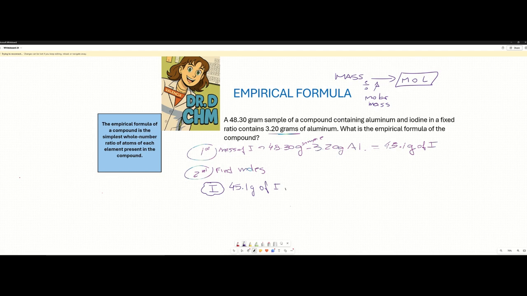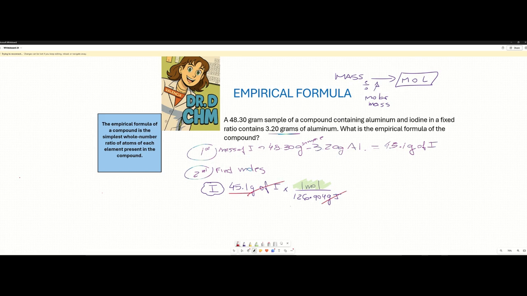So I'm going to find the molar mass in the periodic table. Iodine is 126.904 grams per mole. See that I'm putting mole here because this is what I want, and this one over here I can cut off, grams divided by grams.